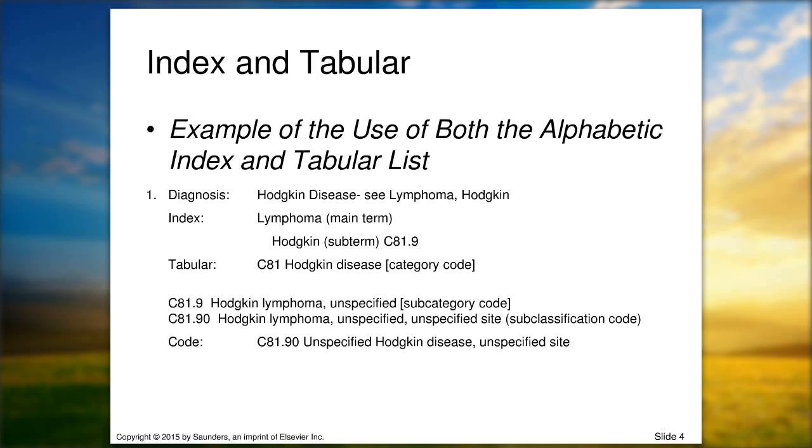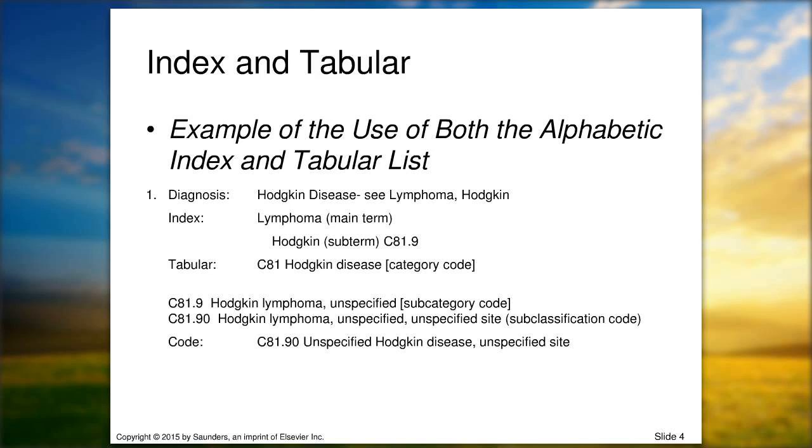We verify the code selected from the index in the tabular list, which is referred to in this material as the tabular. We refer to any instructional notations in the tabular, and then we always code to the highest level of specificity. You code the diagnosis until all of the elements are completely coded.